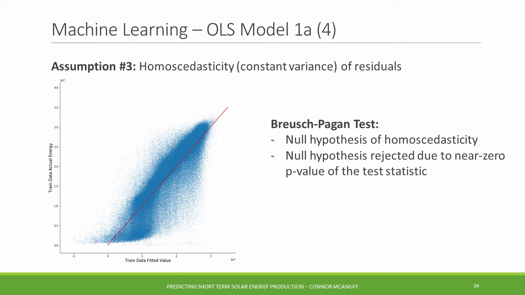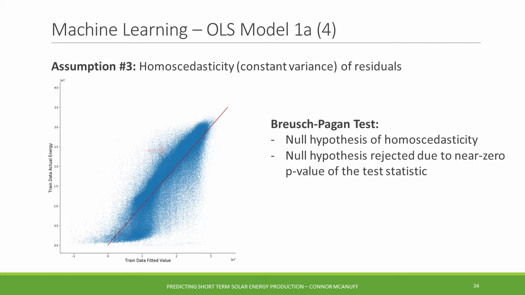Homoscedasticity, or constant variance of residuals, can be checked visually and statistically. On the plot of fitted values versus actual values, a set of perfect predictions would yield points along the red line. Points to the right of the line are over predictions and points to the left are under predictions. At low energy values, fitted values are consistently higher than actual.